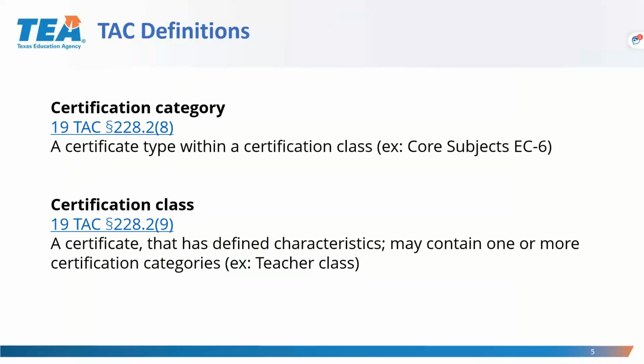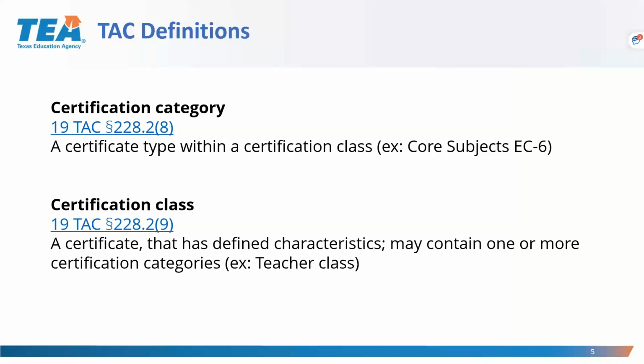Before we continue, let's review the terms certification category and certification class. Both of these definitions, along with the additional program definitions, are found in 19 TAC 228.2. A certification category is a type of certificate within a class, such as the Core Subjects EC through 6 category within the teacher class.